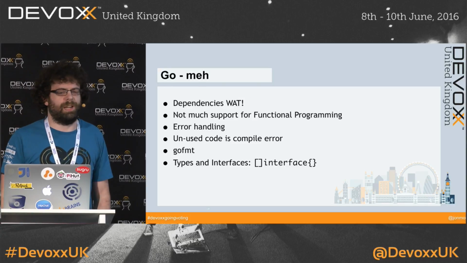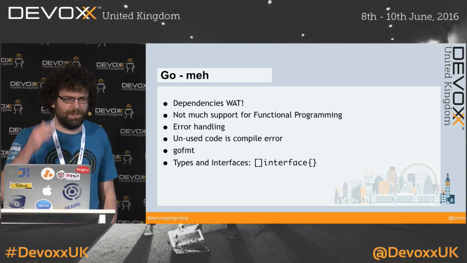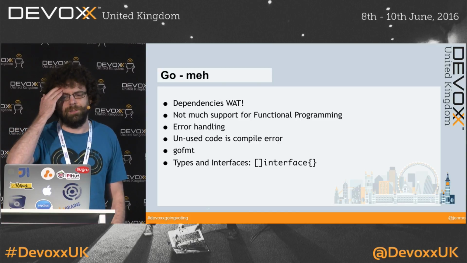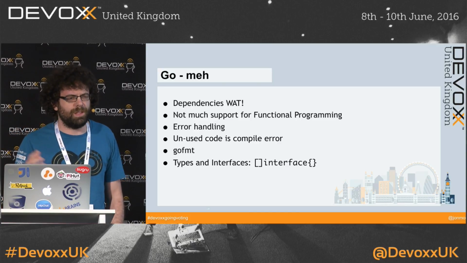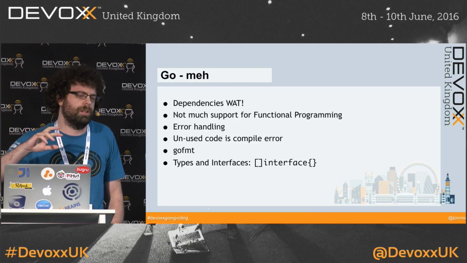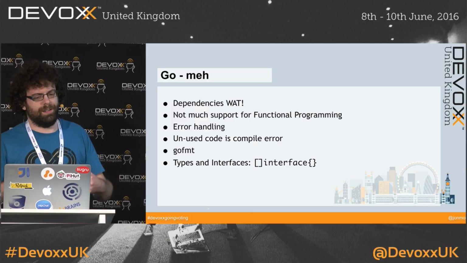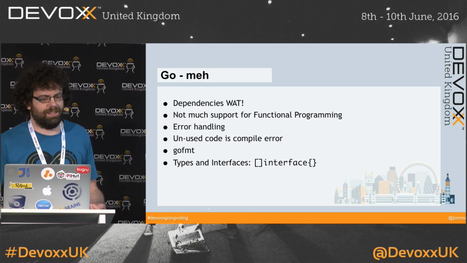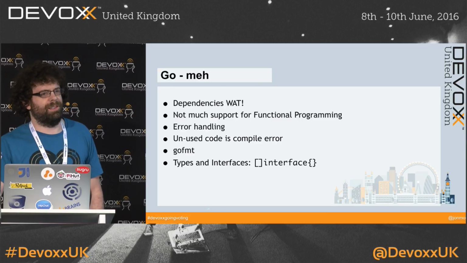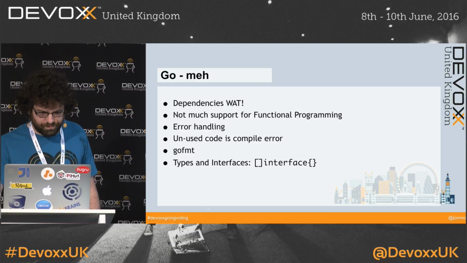So what was hard about Go? The dependencies I found really difficult. Coming from the Java ecosystem, where you declare them in your POM and you can get all your dependencies out very, very easily, everything's source based. It's very, very difficult to work with coming in as a newbie. I like functional programming, and Go doesn't at all.